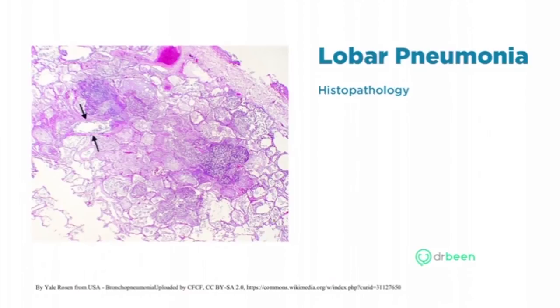Another zoomed in case, and see here, this is an interesting slide. This is the area where the infection started. You see this? So there was infiltration here by the pathogen, and then it started getting out and into the other areas through the pores of Kohn, and by breaking down the alveolar walls, causing necrosis and damage to them, and then going into the other parts of the tissue.